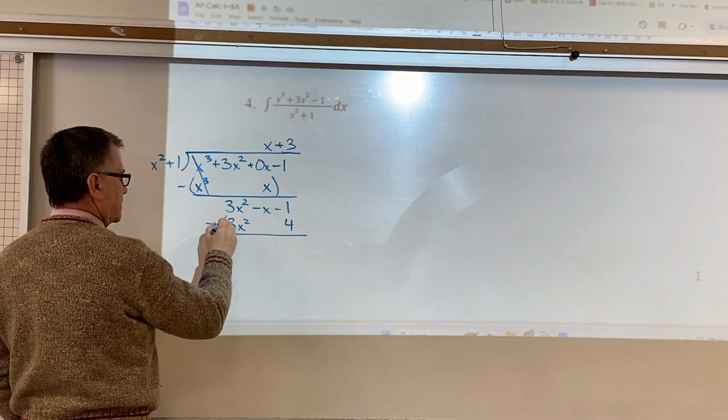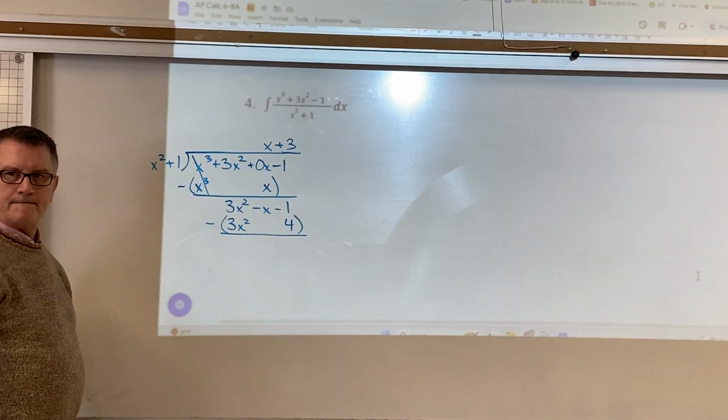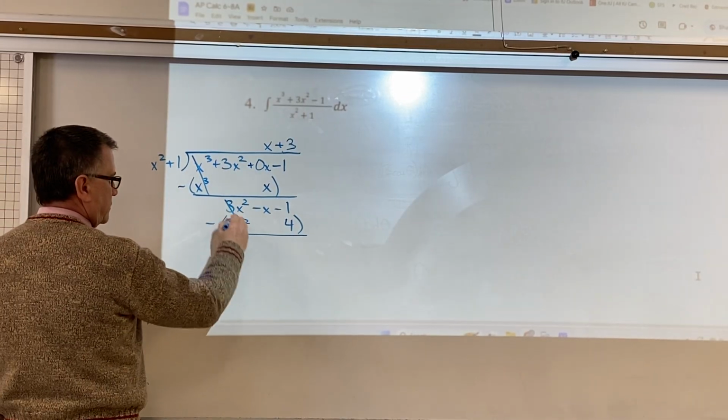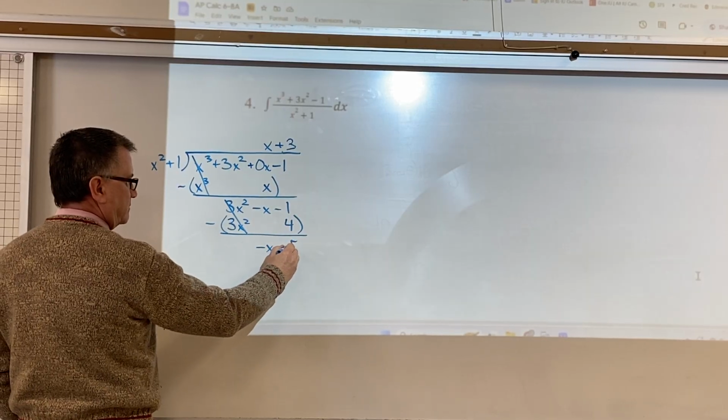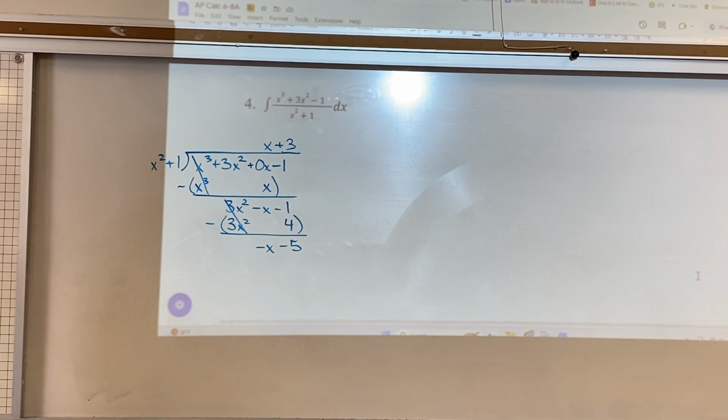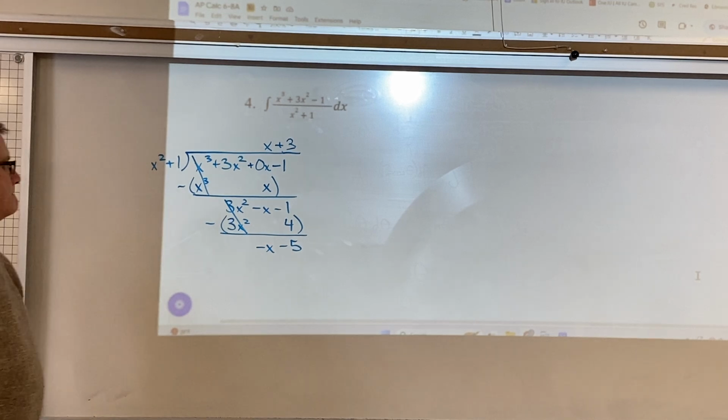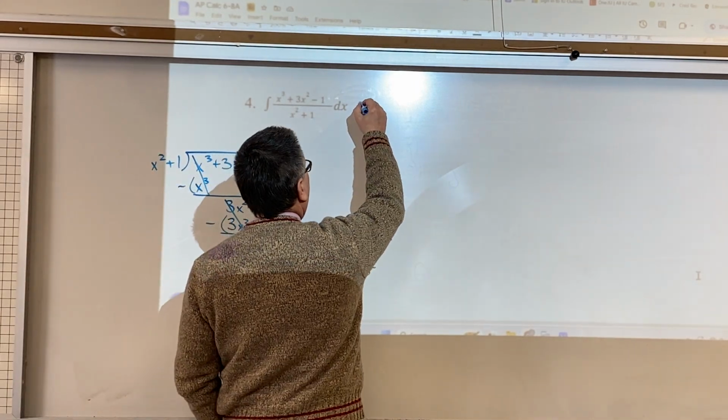I'm now going to subtract this row from the row above. Get rid of that, minus nothing, minus 5. Hey, that's as far as I can go. But you know what it gave me?